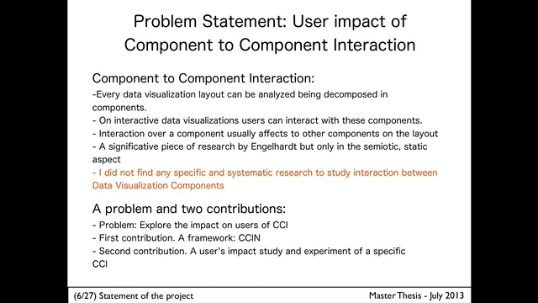This thesis will make 2 contributions to the resolution of the problem. The first contribution will be a simple visual framework to study component-to-component interaction network, and the second contribution will be a specific experiment about the user's impact of a specific component-to-component interaction.